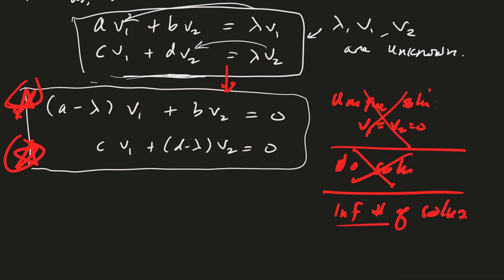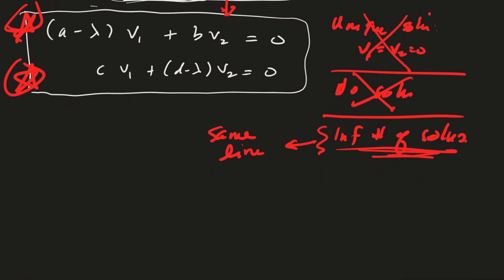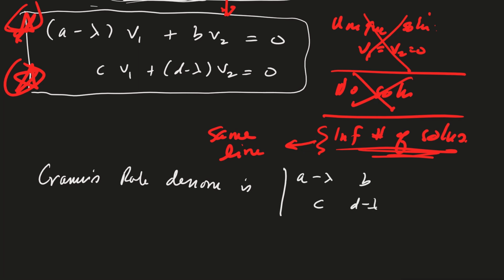Okay, what does the infinite number of solutions mean? This means that they are the same line, right? And so how do I guarantee that my two equations are just multiples of the same line? Well, we saw that in Cramer's rule. So from Cramer's rule, the denominator is the determinant of a minus lambda, b, c, d minus lambda.